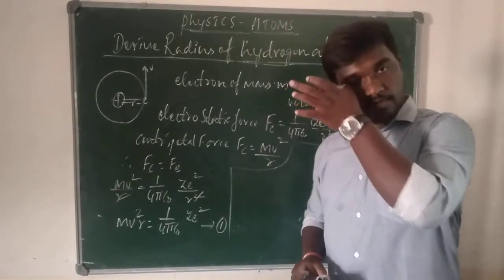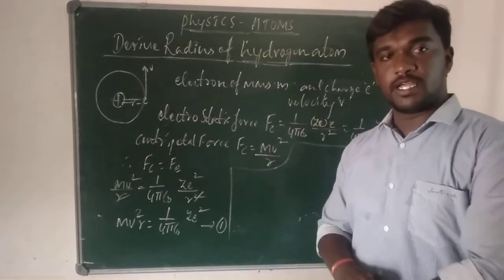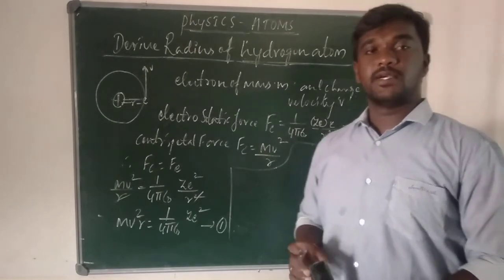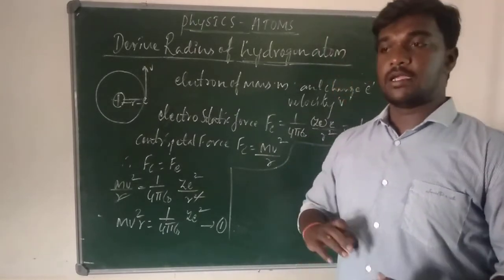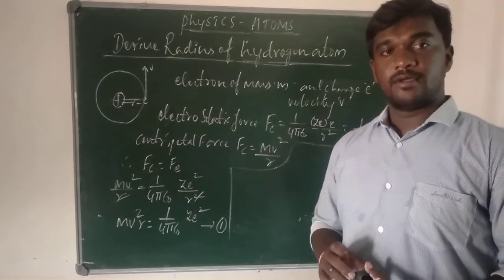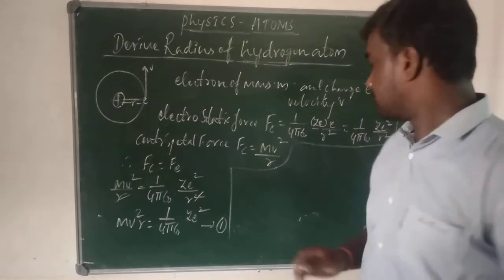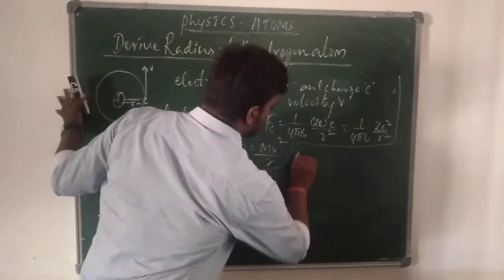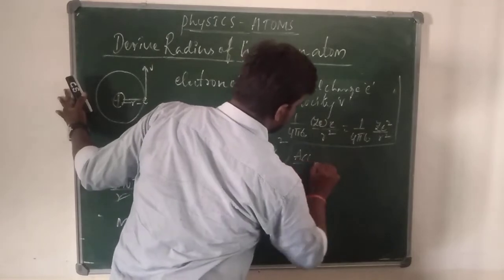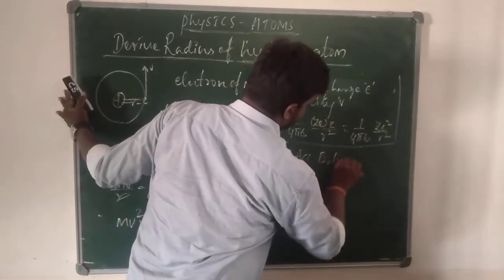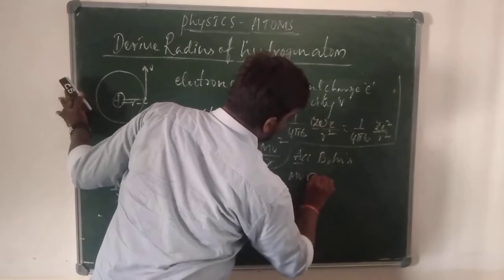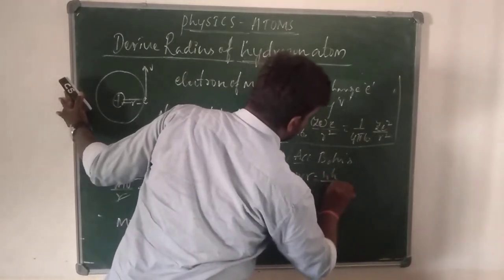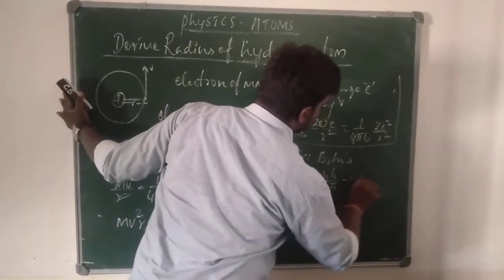So already I told you, according to Bohr's postulate, the angular momentum of the electron is an integral multiple of h by 2 pi. Here, according to Bohr, mvr is equal to nh by 2 pi. We call it equation 2.